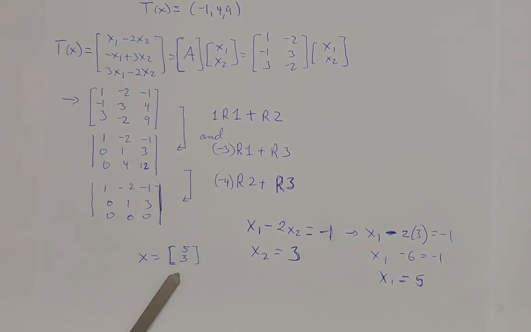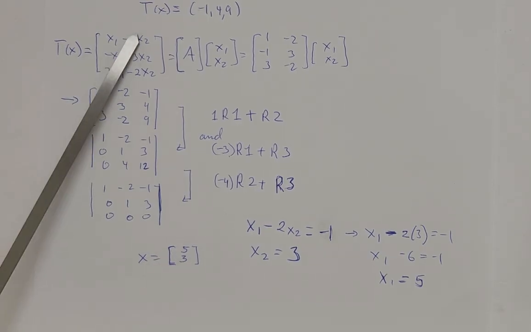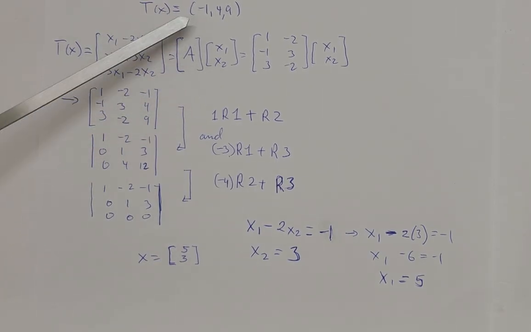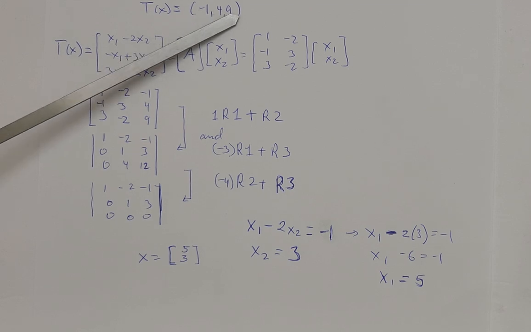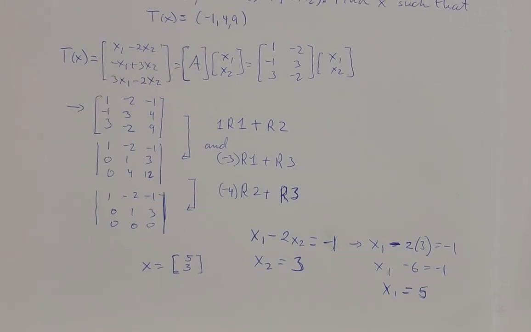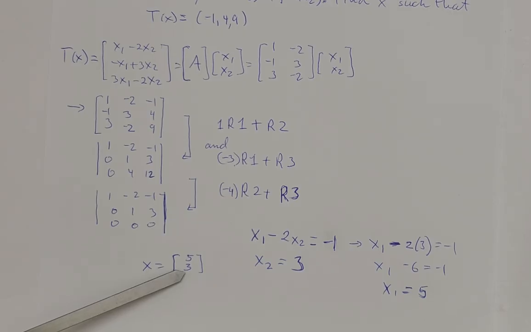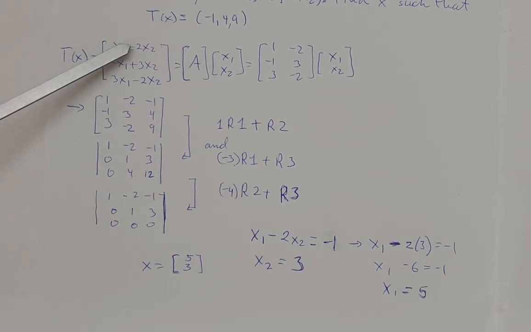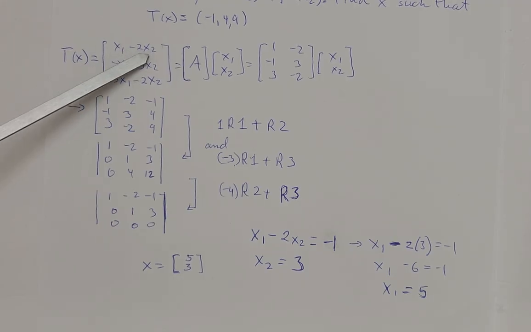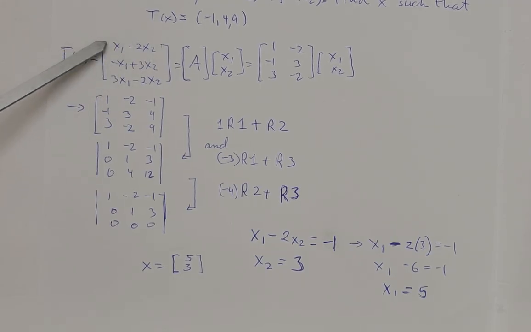Now let's check if this is true. Put in the 5 and the 3 up here to see if I will get negative 1, 4, and 9. Okay, so 5 is x1, 3 is x2. So 5 minus 2 times 3, so 5 minus 6, which gives me negative 1.